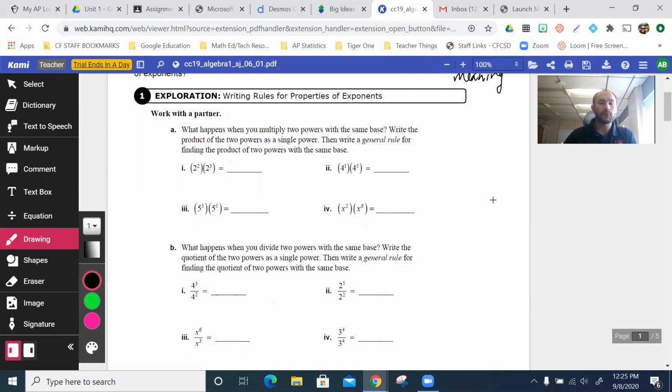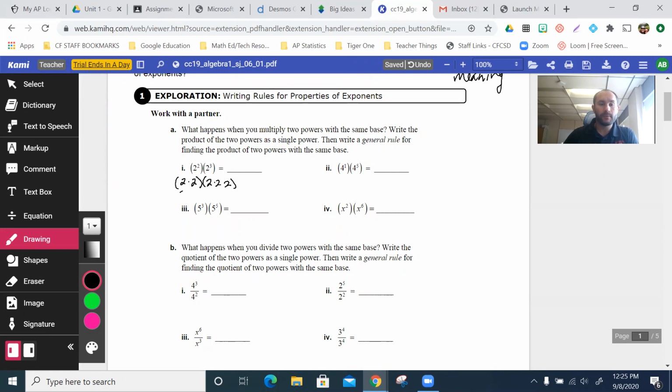So when I look at 2 squared, what does 2 squared mean? Or 2 to the second power? That means 2 times 2. That's what the first set of parentheses means. The second set of parentheses, 2 to the third power, means 2 times 2 times 2. So this is multiplying those 2's 3 times.